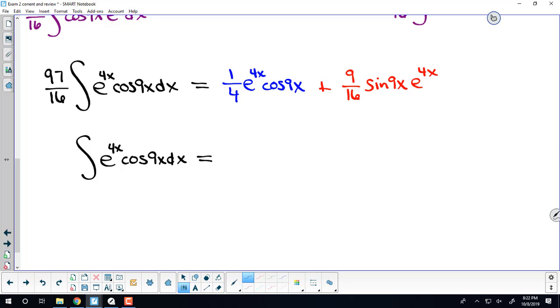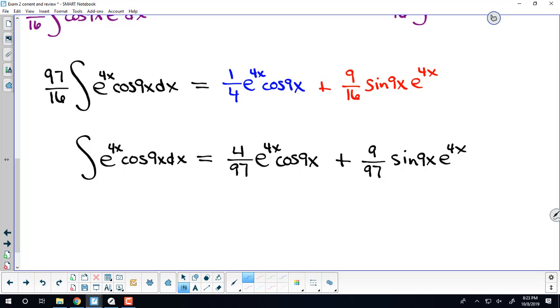Let's write it like this and then we'll split it up: 4 over 97 and 9 over 97 of those. And so that's it, right?